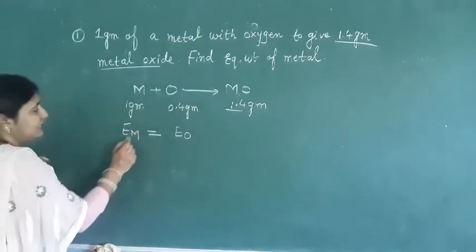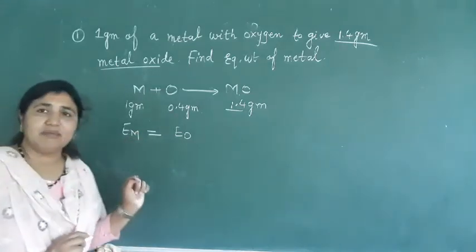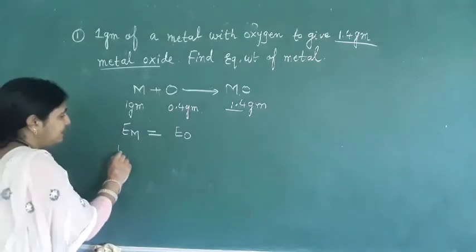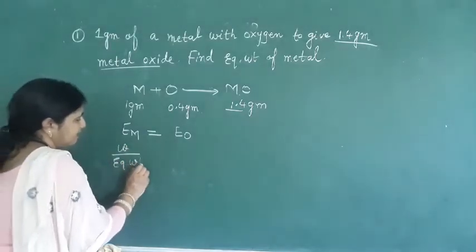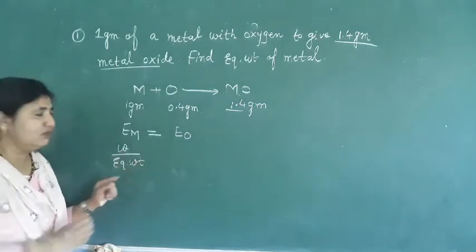So what is the formula of the number of gram equivalents? Weight, the mass given, divided by equivalent weight.